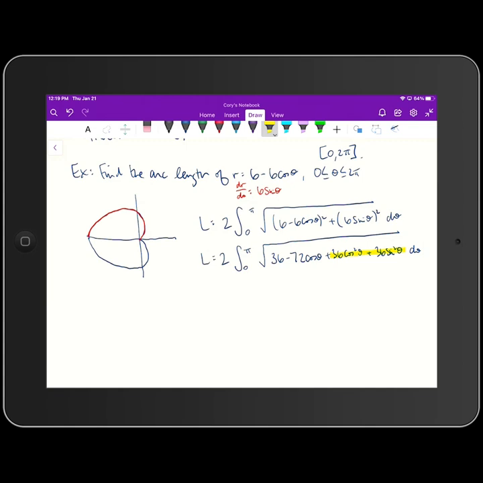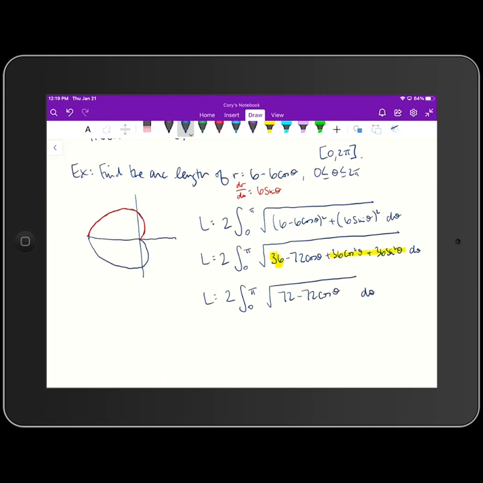So that's going to allow me to combine that with this, and we get 36 plus 36 equal to 72. Okay, so that's going to make L here become 2 times the integral from 0 to pi of the square root of 72 minus 72 times the cosine of theta.